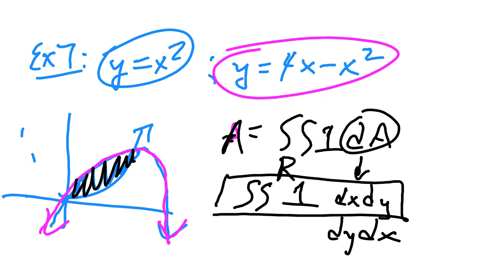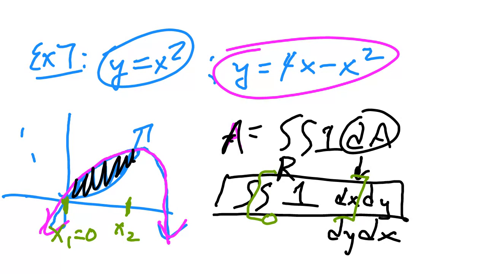So what are we really doing first? We're doing the dx part. And the question is, what does x range from? Well, it ranges from 0 to something. So x1 equals 0. What's x2 equal?